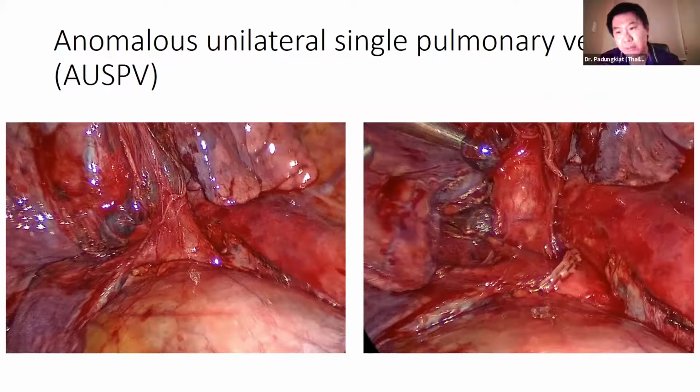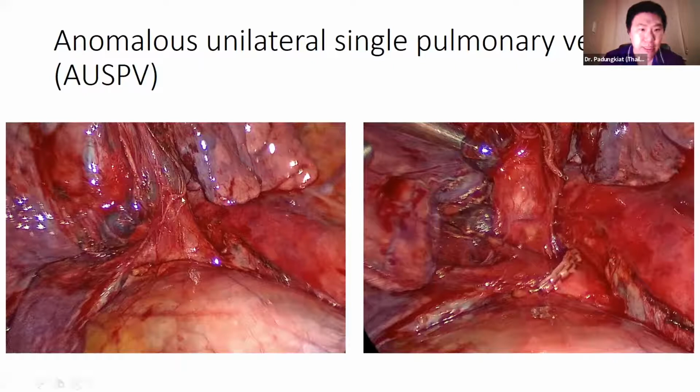I've seen some cases that had to end up with a pneumonectomy. This condition is called anomalous unilateral single pulmonary vein. As I explained before, the pulmonary veins get absorbed into the left atrium. Normally you have four holes in the left atrium, right? But sometimes, in 0.5%, more on the right side and the left side, the pulmonary vein does not get absorbed totally.